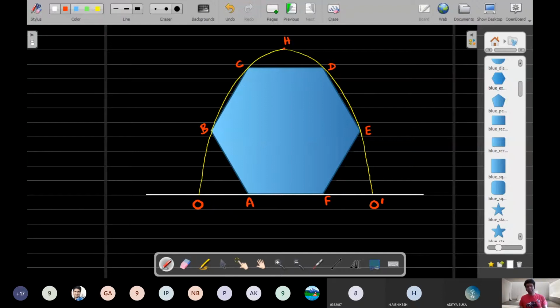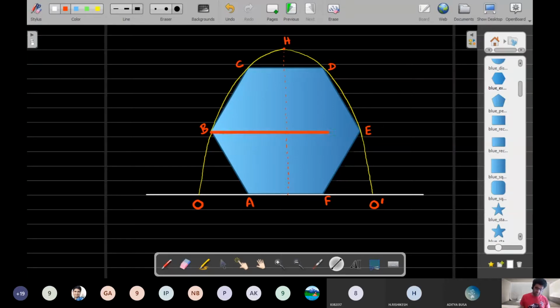H is the point that represents the maximum height. And if I drop a projection onto the x-axis, the x-axis is my bottom white line. I hope you can see that line. Since it is symmetric about O prime, it should be symmetric about AF, and therefore this bottommost point. Let me mark some more lines for my convenience.